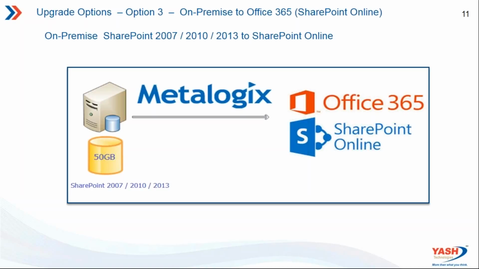So the Metalogix tool migration might be the best option here, so that we can quickly migrate from 2007 to online, 2010 to online, 2013 to online. SharePoint 2016 has been just released a few months back.